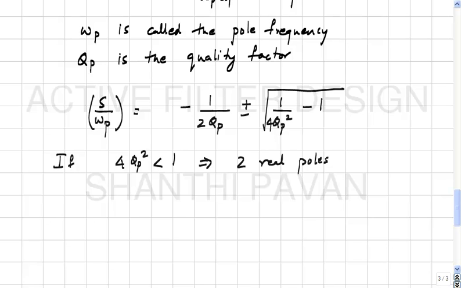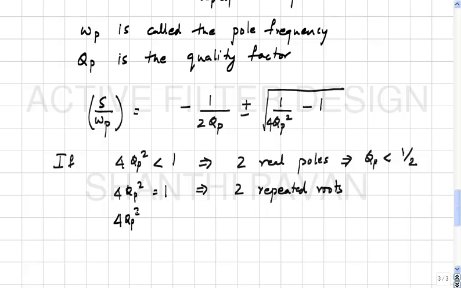Okay, all right. So this means that 4 QP square less than 1 means what? QP is less than half. All right. If 4 QP square equals 1, then two repeated roots, okay, and if 4 QP square is greater than 1, what do you get?